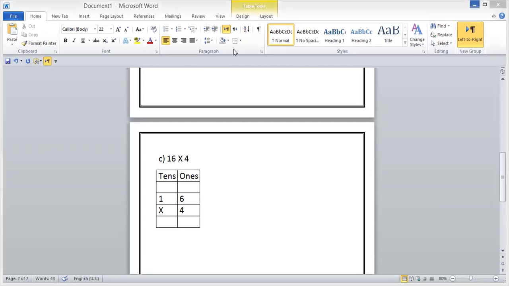Sharif Ahmad, very good. Yes, guys, 16 multiplied by 4. Muhammad Al-Harbi, very good.